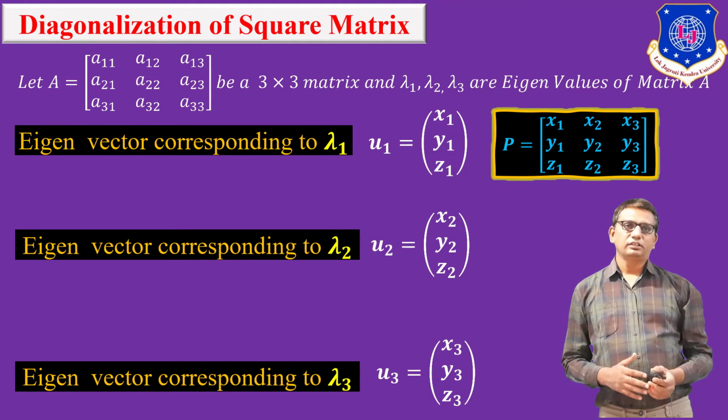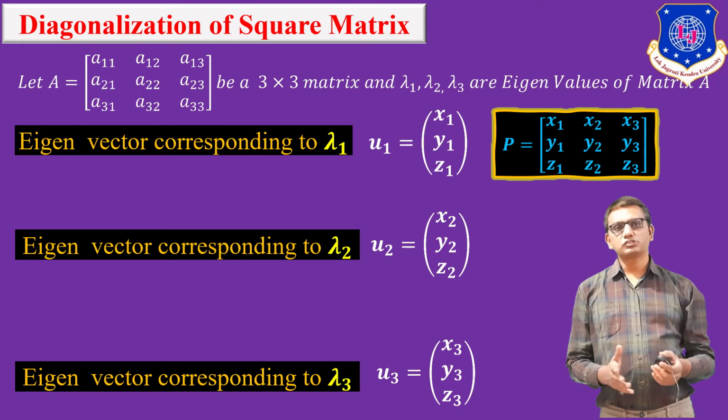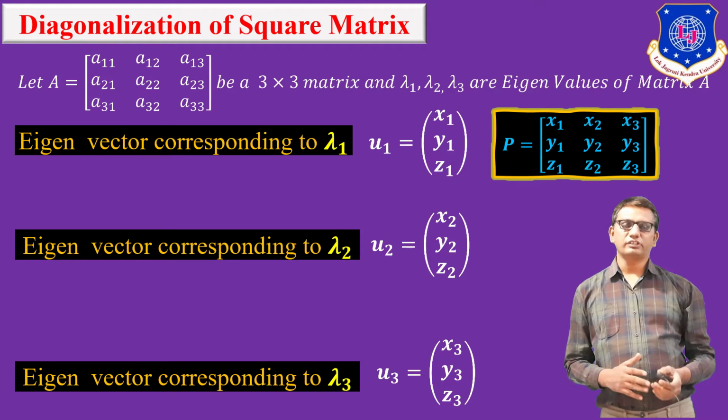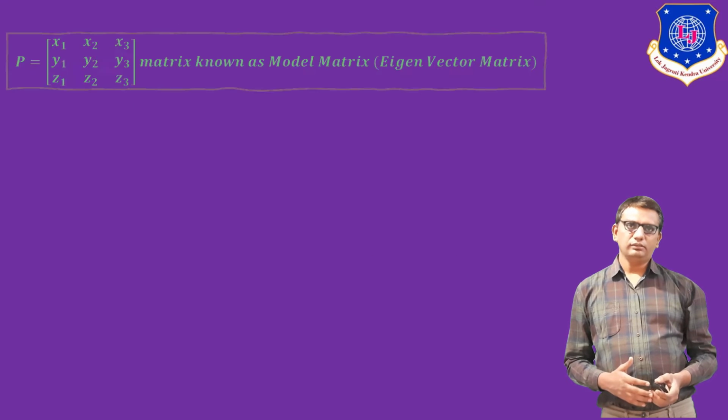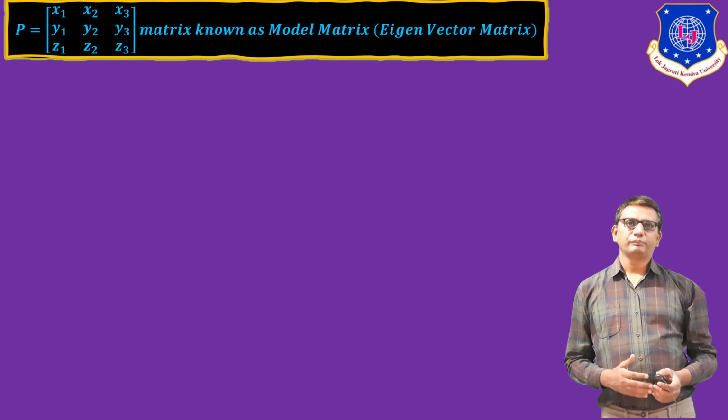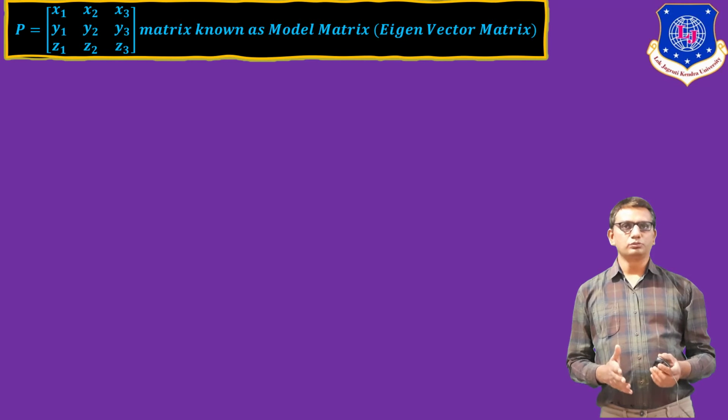Then we will find the inverse of this eigenvector matrix. It is sometimes known as the model matrix. Here our eigenvector matrix or model matrix is like this: x1 y1 z1 first column, x2 y2 z2 second column, x3 y3 z3 third column.